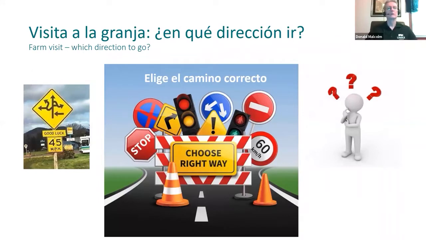Okay, so in conducting a farm visit, how do we decide which way to go? There are a lot of things on a farm. How do we decide what are the most important things to focus on and to work on?